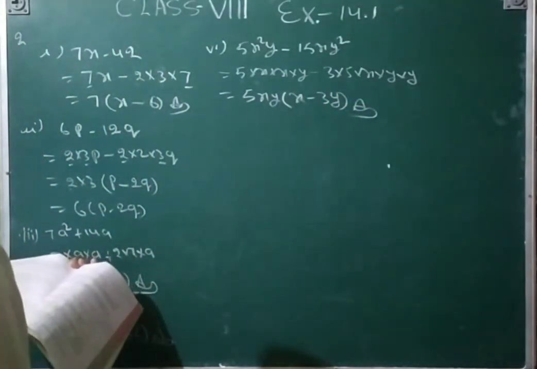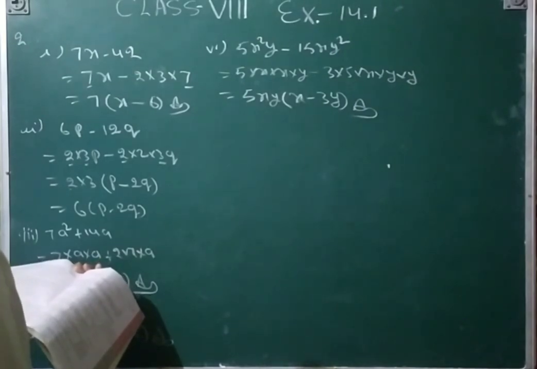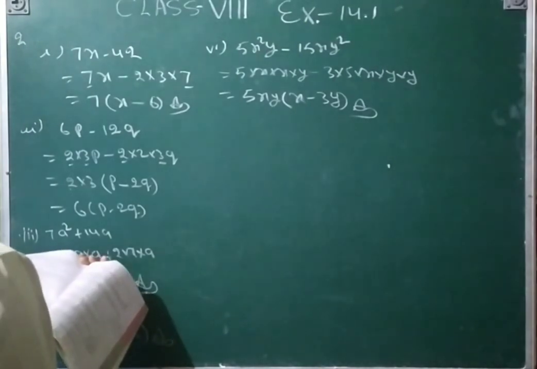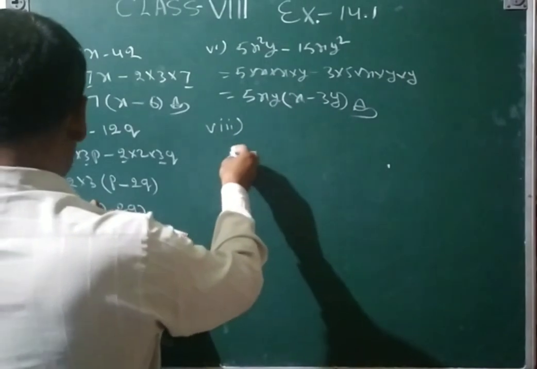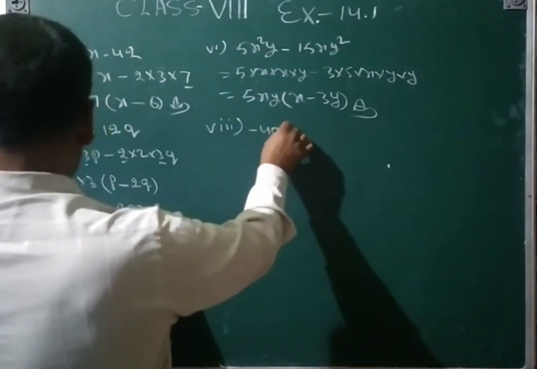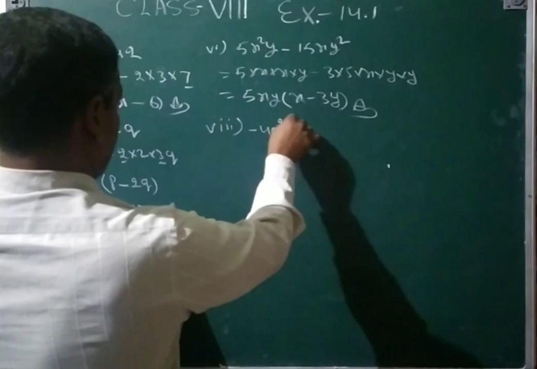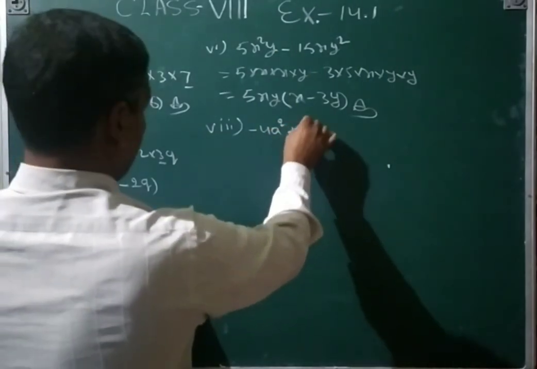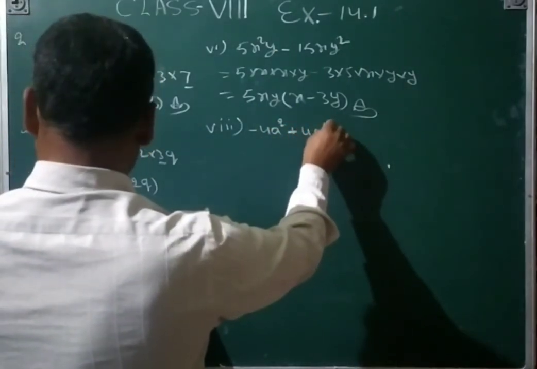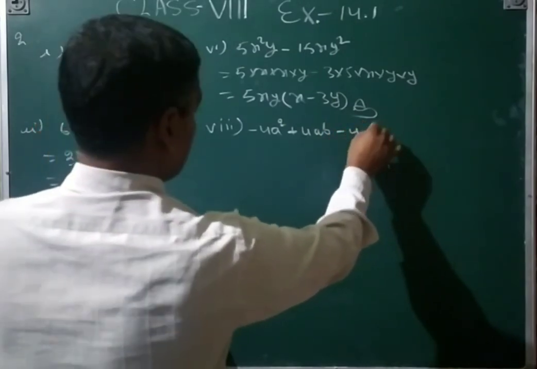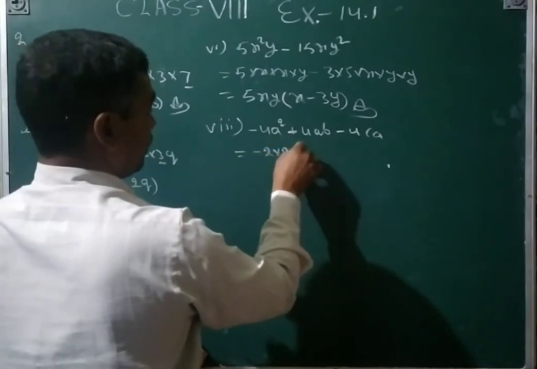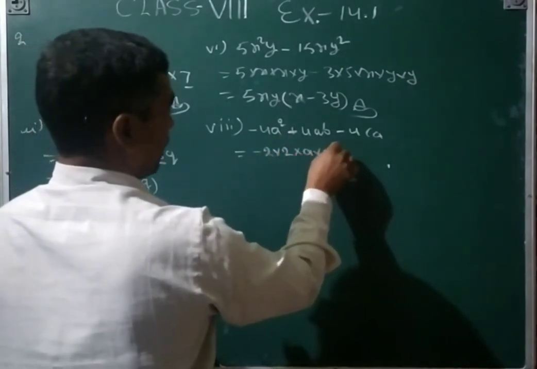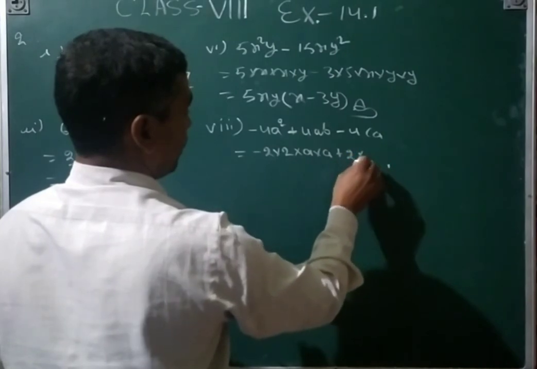And then next you will see the eighth part, that is minus 4a square plus 4ab minus 4ca.